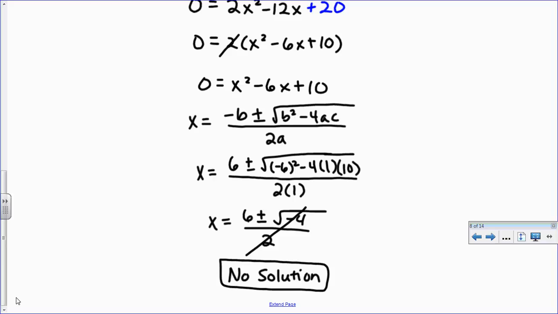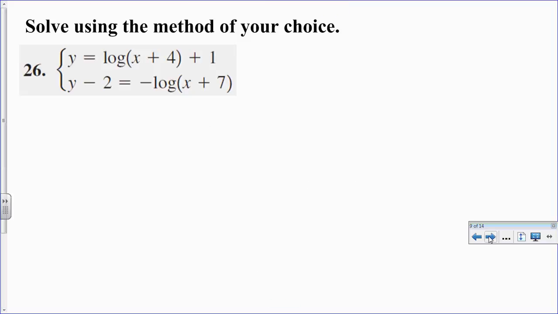So we're going to do this system. We do have just a couple problems that have logs in it. It says solve using the method of your choice. You really can't do elimination too well, so we'll use substitution.